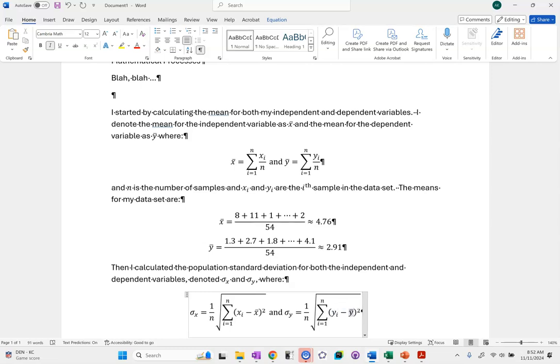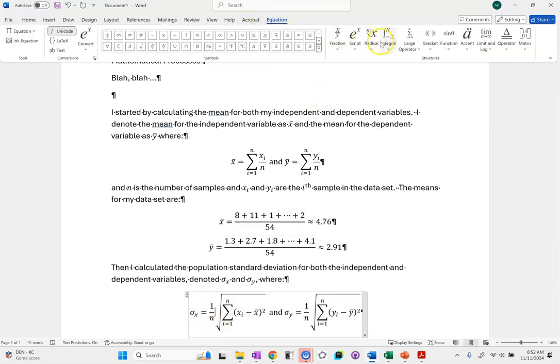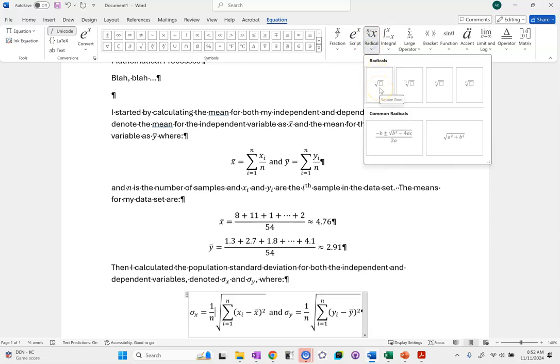So how do you get the big square root over the? So you just type your fraction 1 over n, and then you just pick the square root option, and then put the sigma underneath it, and it'll automatically format the square root.